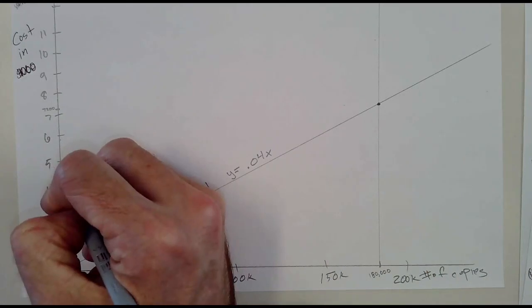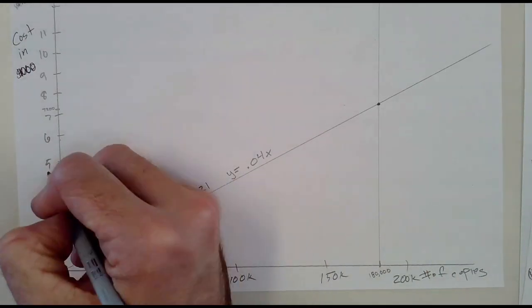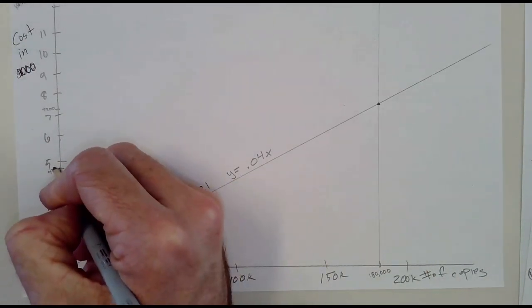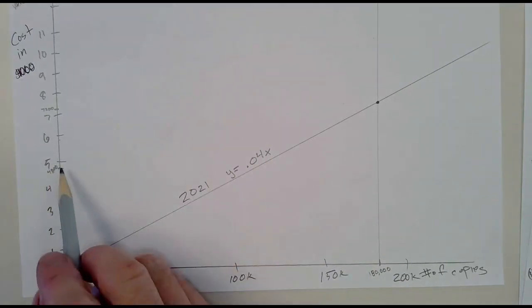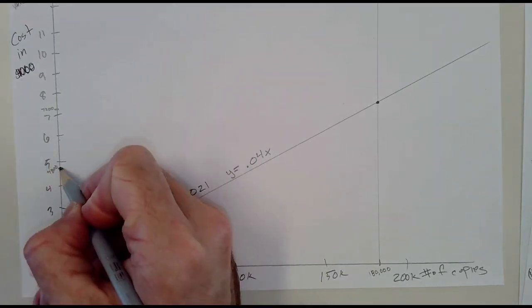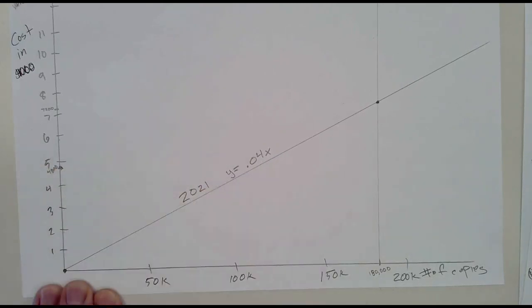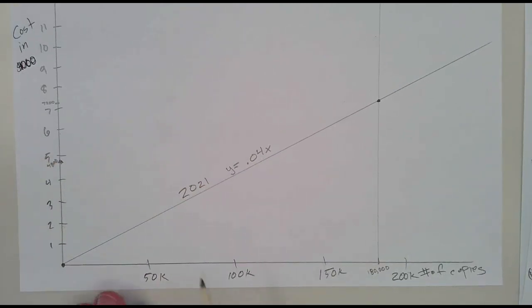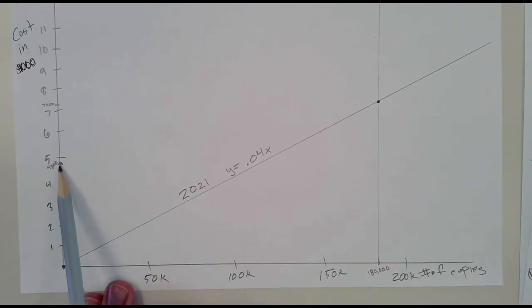So let's mark that. 4,800, about right there. And so that's where we're going to start. That's our starting point. Just to make a single copy, we need to pay that much. Well, assuming, because we're making copies with everybody, everybody is going to have a copy machine.